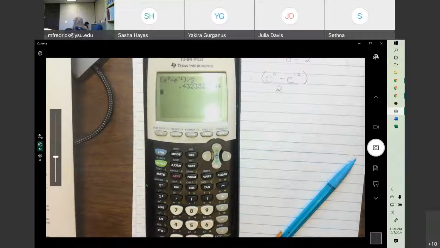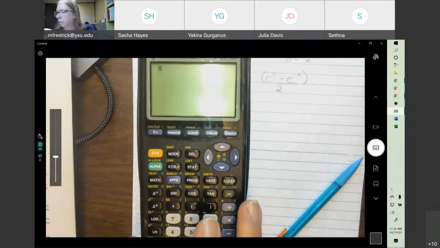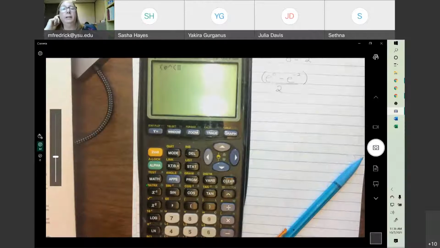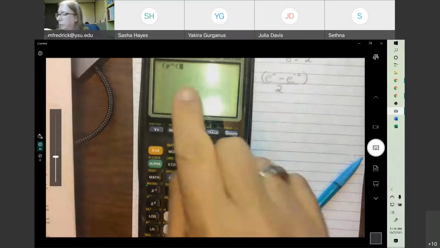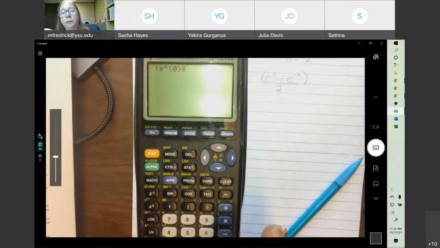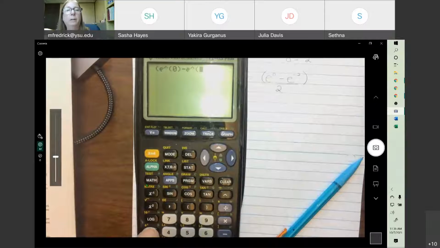Now, some calculators use a caret. When you hit the e to the x on the TI-83, it puts a caret. So then you just put your 0 and close the parenthesis on the exponential, minus, and then bring e back up and put your -2.